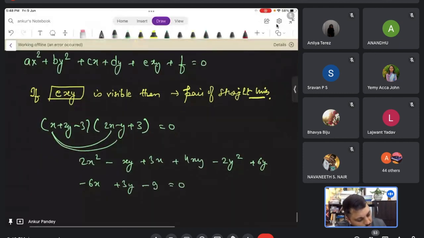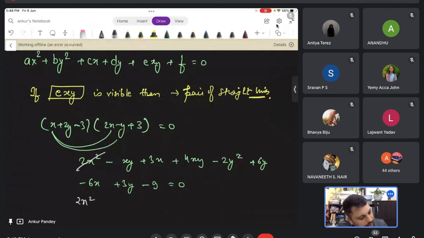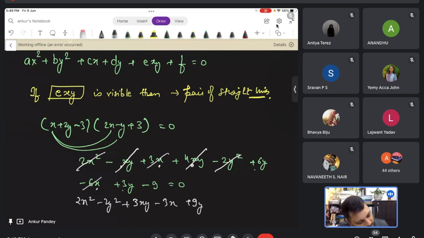So 2x square minus 2y square, xy is minus xy plus 4xy, that's 3xy. 3x minus 6x is minus 3x, 6y plus 3y is 9y, minus the only constant is 9, equal to 0. Yes or no? Visible or not?